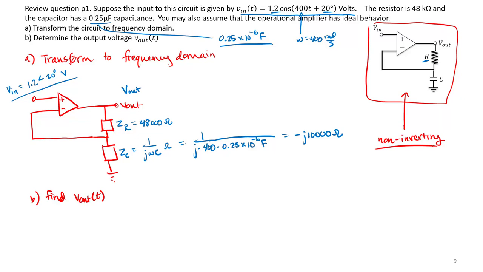And we know from those equations that we learned in our previous video that this non-inverting amplifier must follow this relationship. So we know the ratio of our output to input voltage will be Z1 plus Z2 divided by Z1. Here Z1 is the impedance of our capacitor, Z2 is the impedance of our resistor.